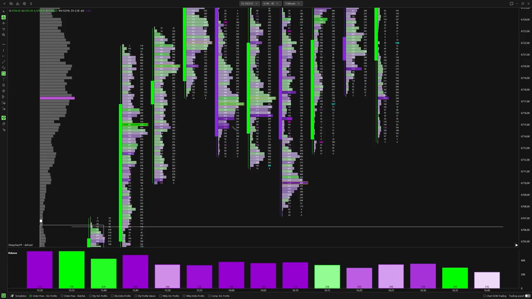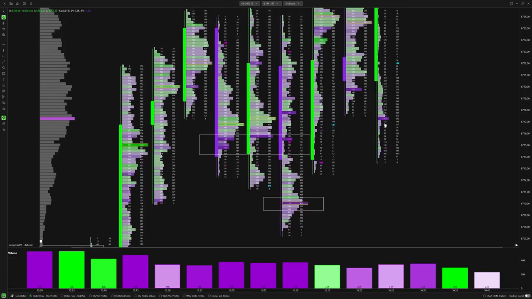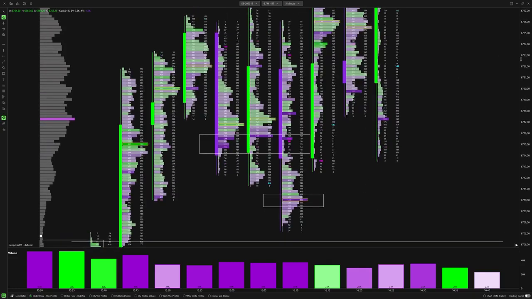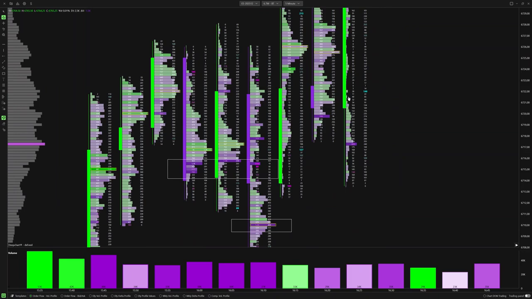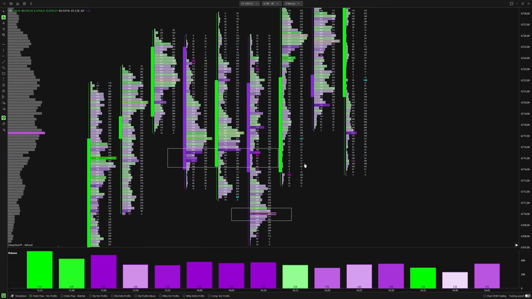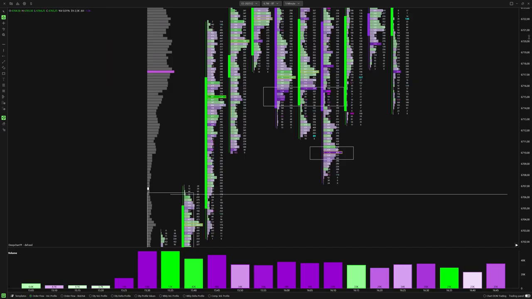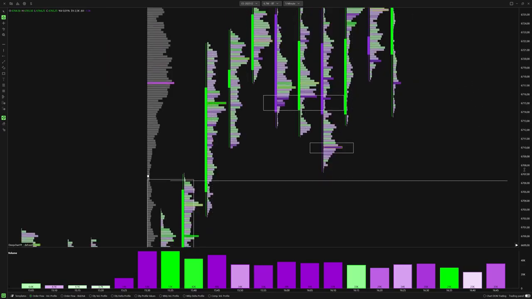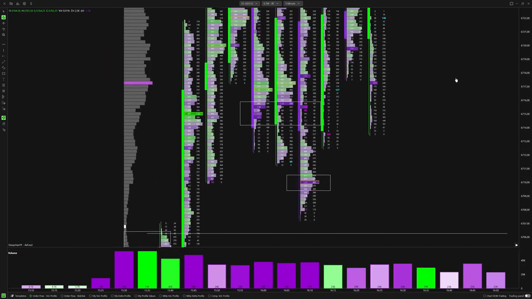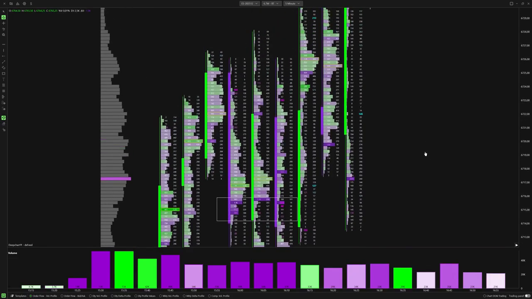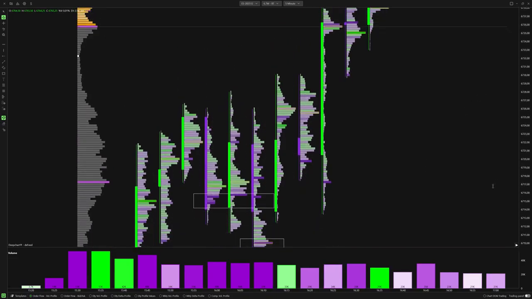Yeah, it's all purple, but why? Because look at this, all of this absorption of sellers. Sellers trying to go here, but they were completely absorbed by buyers. So buyers are more active on the passive side. They completely absorb all sorts of sellers, and that's a very clear indication that this breakout is very likely going to continue. And there you go.